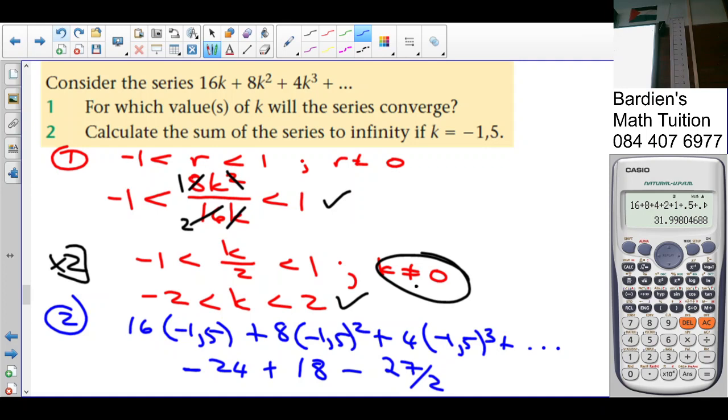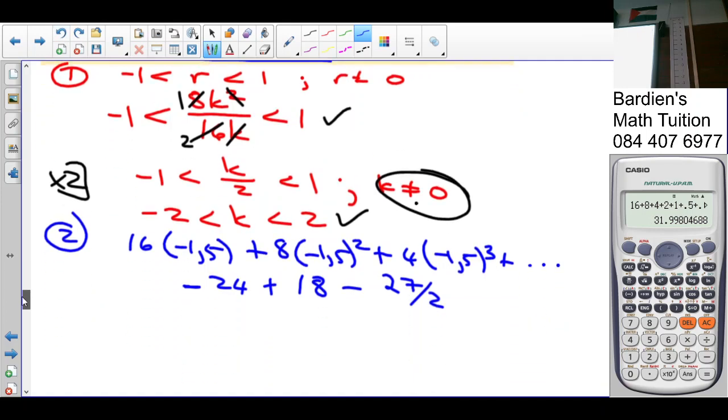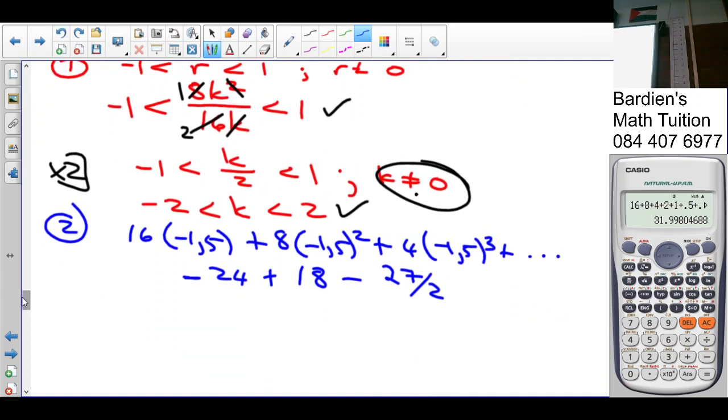But have I answered the question? No, the question is to calculate the sum of the series to infinity. So how do I do that? S infinity equals A over 1 minus R. What is my A value? Negative 24 over 1 minus. How do I calculate R?